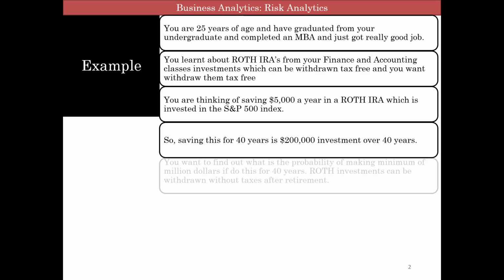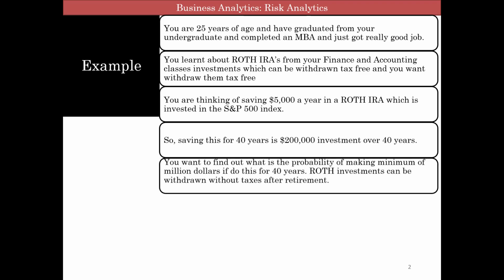You want to find out the probability of making a minimum of $1 million. Roth investments can be withdrawn without taxes after retirement, as I said. Remember, $5,000 a year is less than $500 a month. If you have a decent job, this is doable.